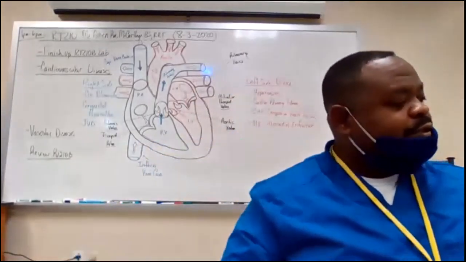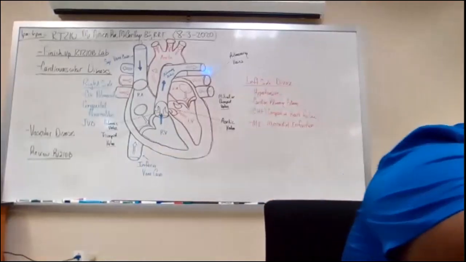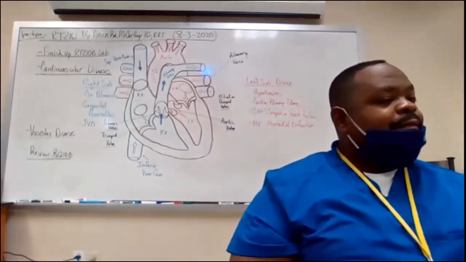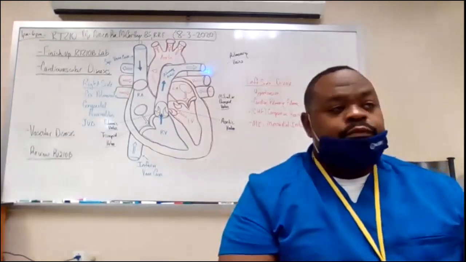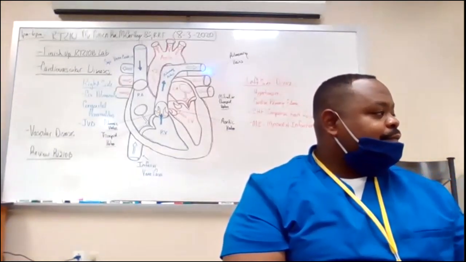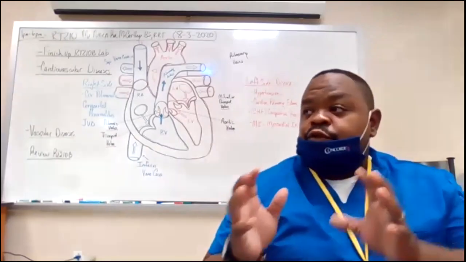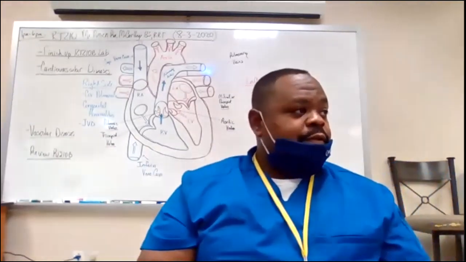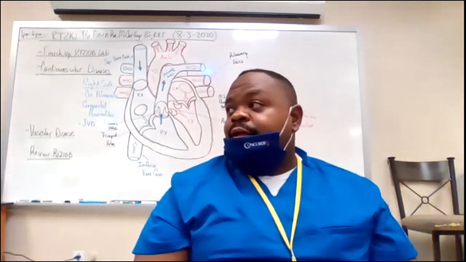Little P wave, because we said the P wave was atrial depolarization, AKA atrial squeeze. And then we learned that we also have some ventricular rhythms that are having a problem, right?